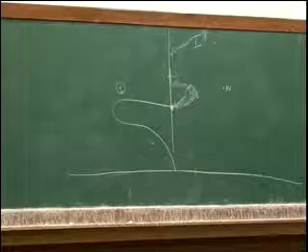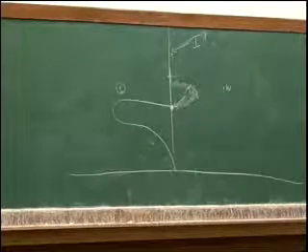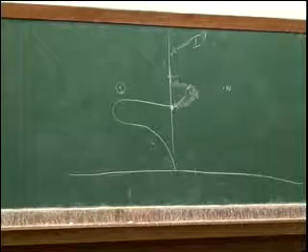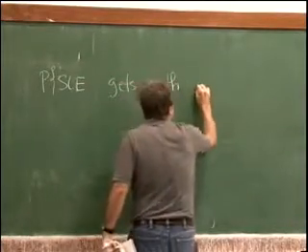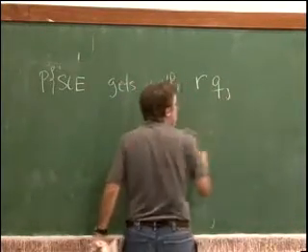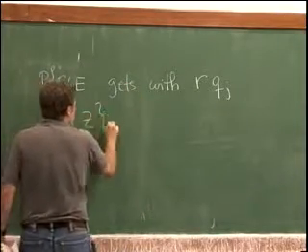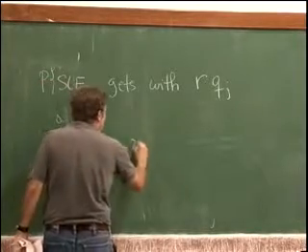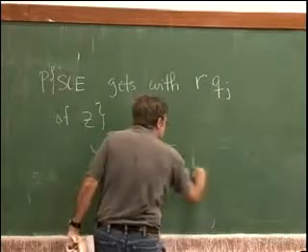We need to look at the probability SLE gets within r q_j of Z, which is comparable to r to the 2 minus d times this sine factor.